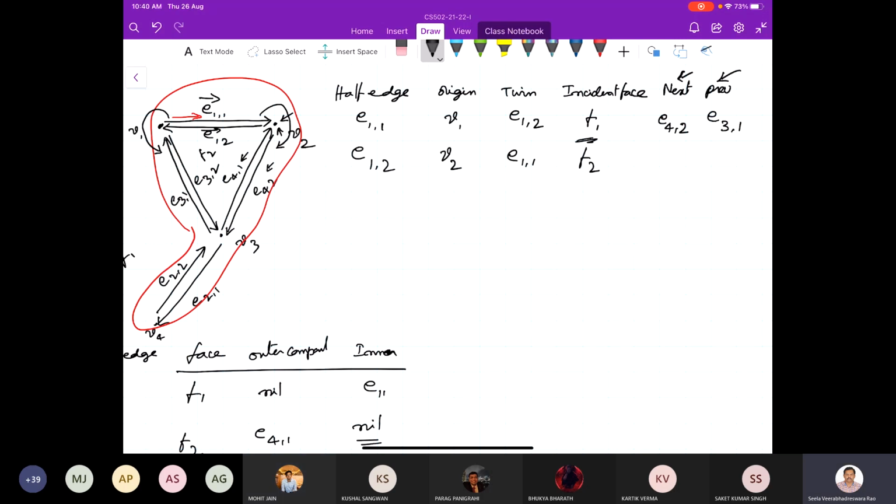You have to look at the destination, and there we look at the next one in the clockwise direction. That is E32. Of course, E31 is also there, but we keep the edge for which this V1 is the origin. What is the previous one? You have to look at the origin, in the counterclockwise direction. E41. Is that clear?